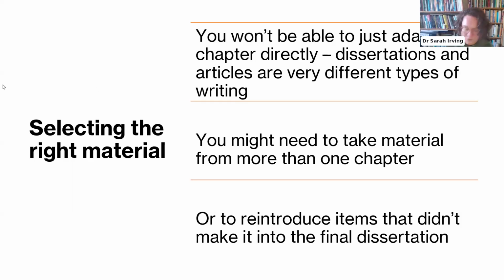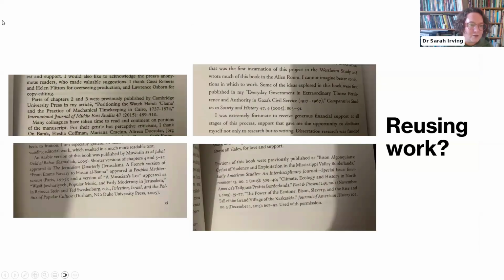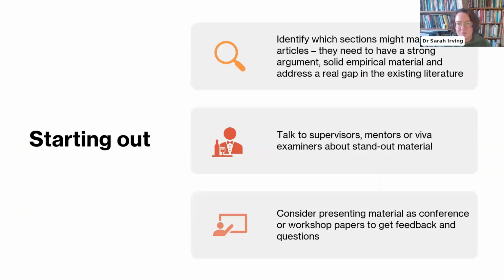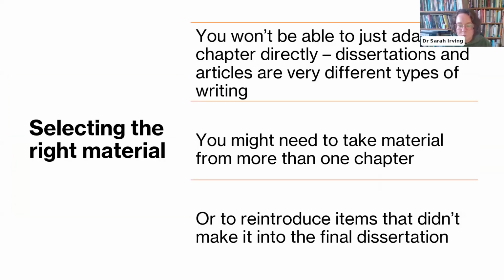So just to go back to the first one of these that I mentioned, the one in the top left, parts of chapters 2 and 3 were previously published in an article. And you can flip that on its head: parts of two different chapters might end up being parts of the same article.